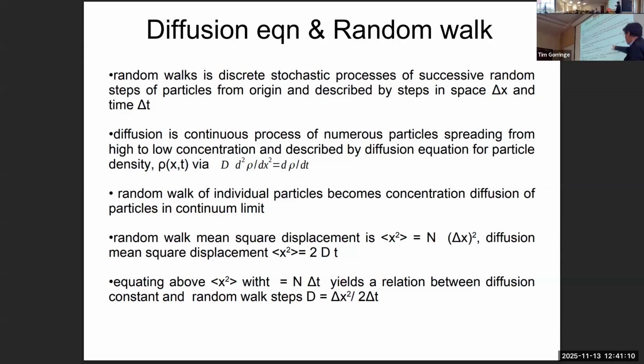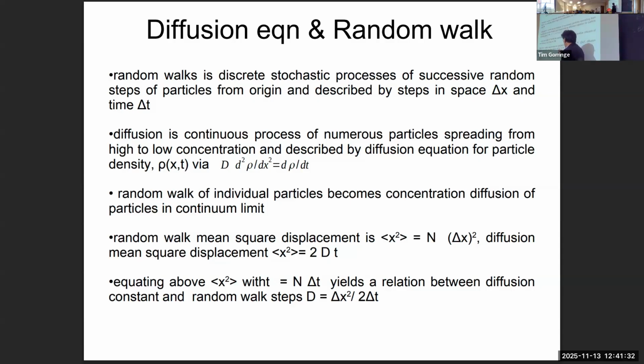The random walk in the case of individually walking particles: the root mean square was the number of steps you took multiplied by the square of the size of individual steps. So that's how the particles diffuse when you think about them individually.